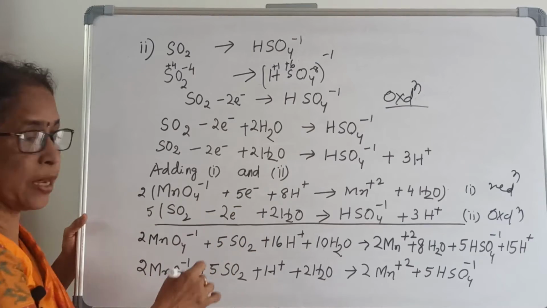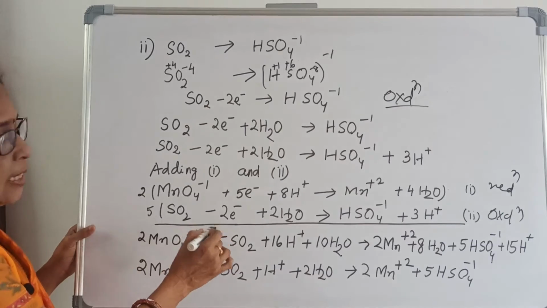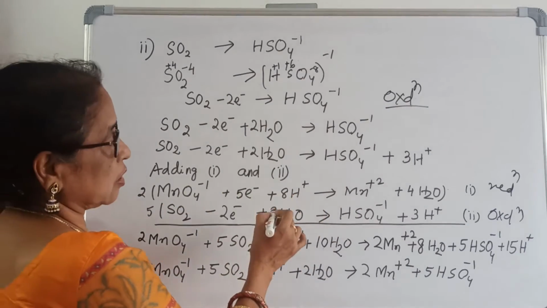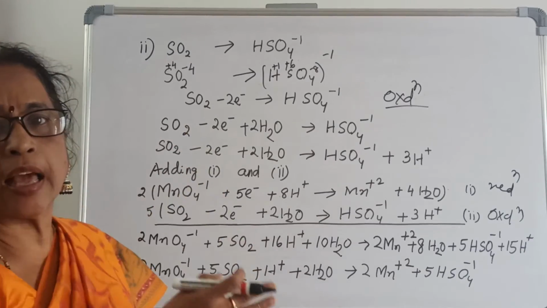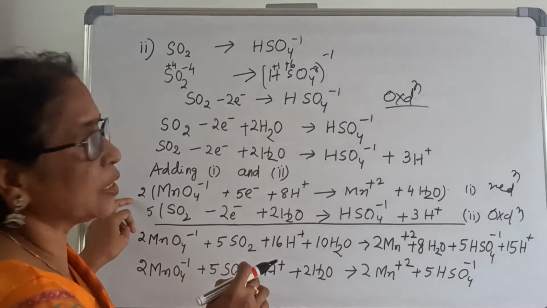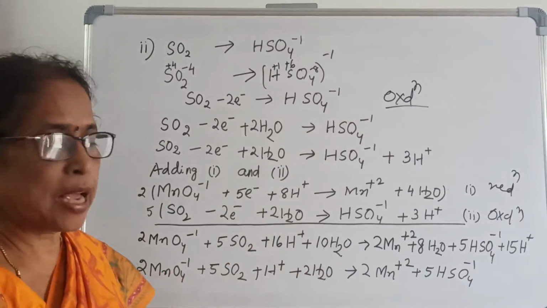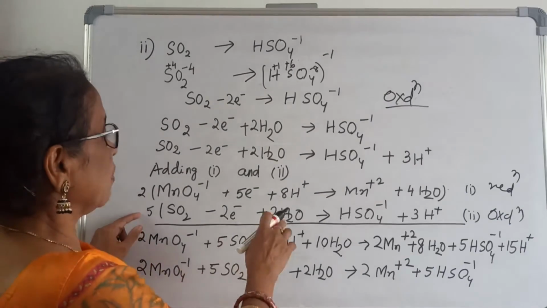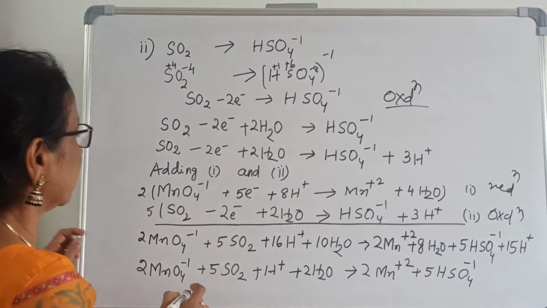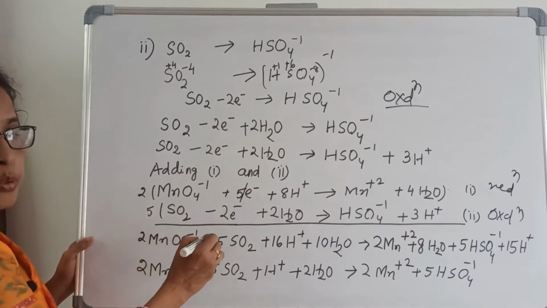The first equation has 5 electrons and the second equation has 2 electrons. To cancel the electrons, I multiply the first equation by 2 and the second equation by 5. Then the electrons cancel each other, because 2 into 5 is 10 electrons, and 5 into 2 is 10 electrons.